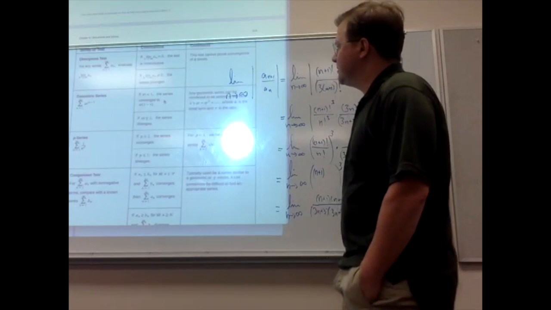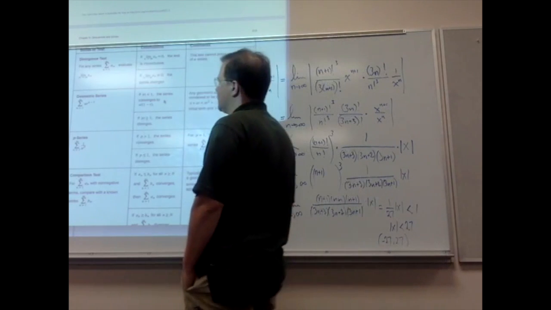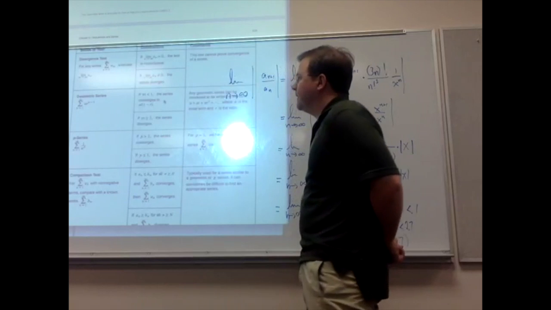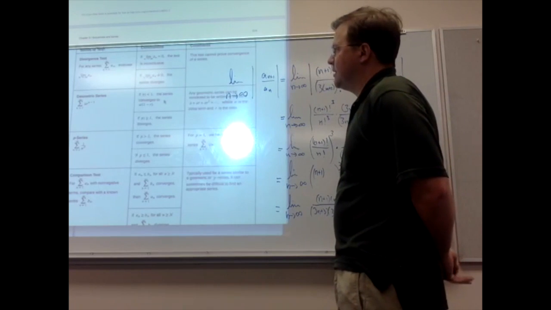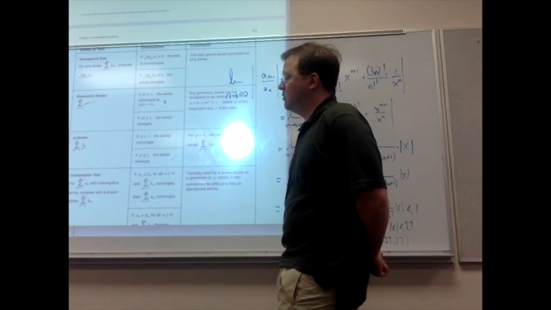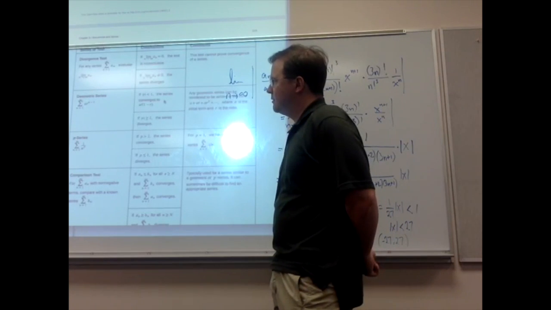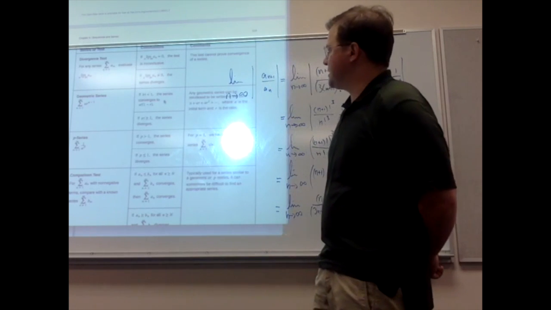I'm still kind of puzzling over this. What test could you use though? The limit. As n goes to infinity, in 151, what do we have to go with? There is a theorem that's not on this table.